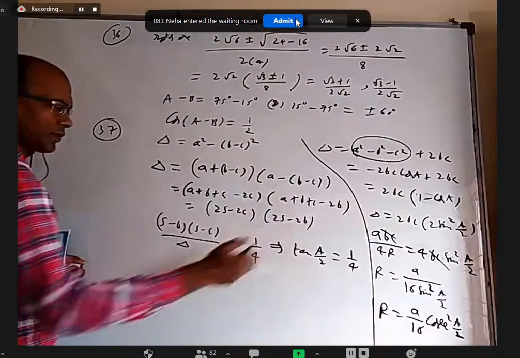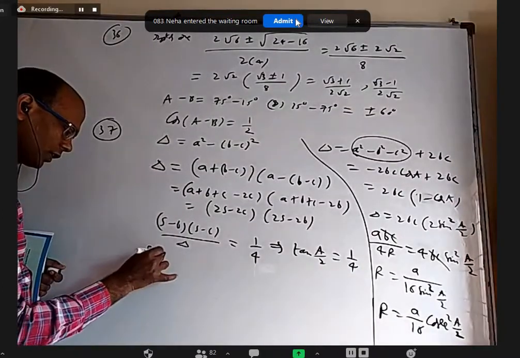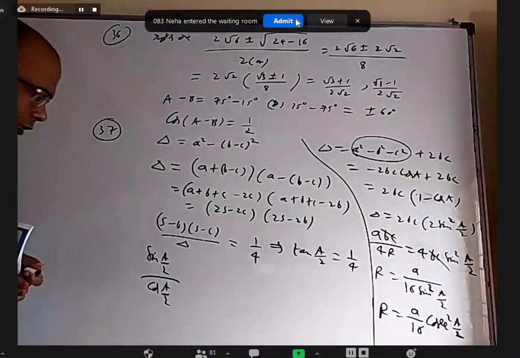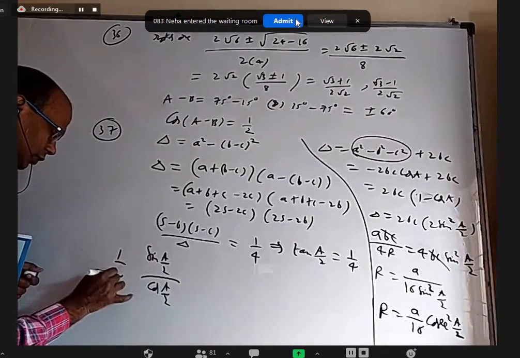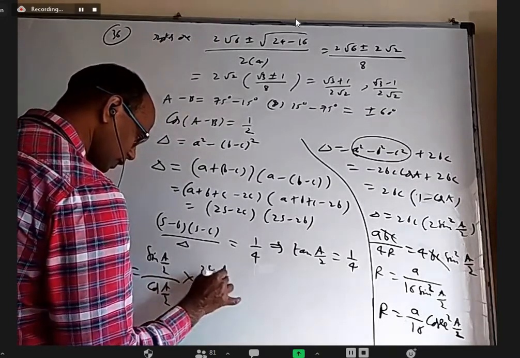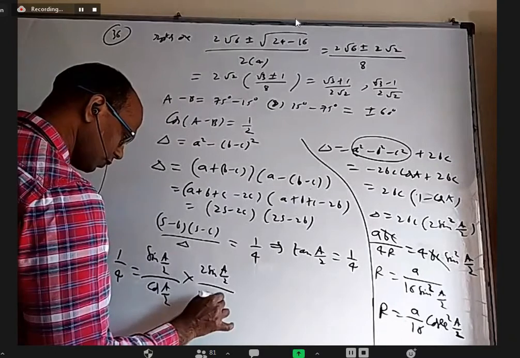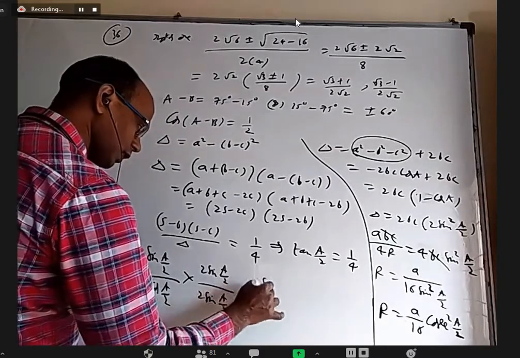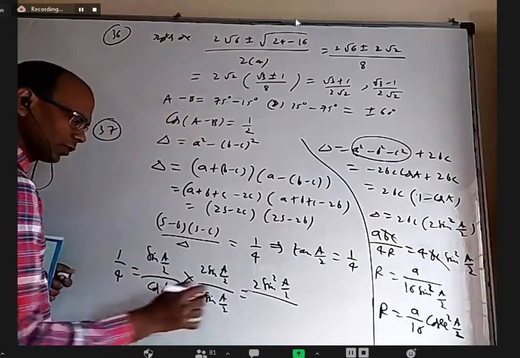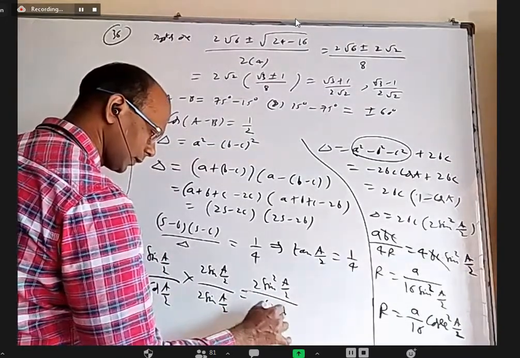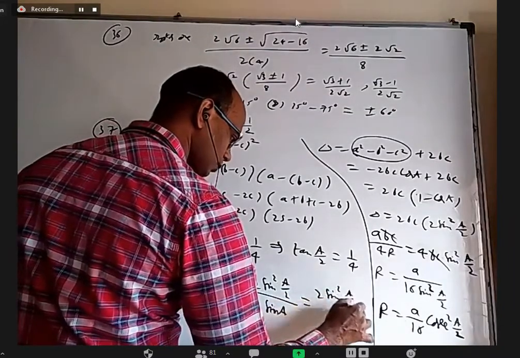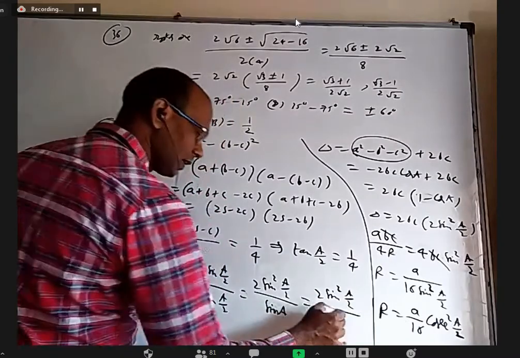Okay, that is more easy, but if somebody wants to do from this, tan A by 2, I can write sine A by 2 by cos A by 2 equal to 1 by 4, which I can multiply with 2 sine A by 2 on the top and bottom. That is 2 sine square A by 2 by 2 sine A by 2 cos A by 2, which is sine A. And 2 sine square A by 2 by sine A, I can write as a by 2R.